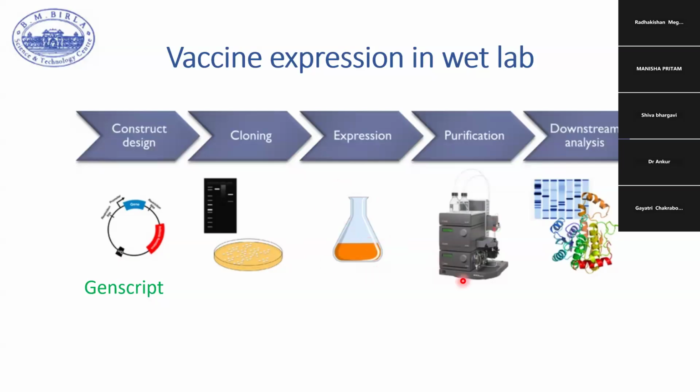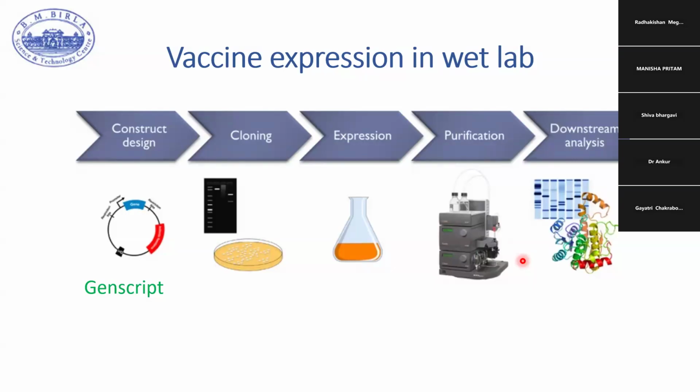After expression, you can purify using FPLC, HPLC, or column chromatography. And then you have to check if the purity is good or not. You can perform some gel run. After that, those proteins can be used for identification of functional antibodies.